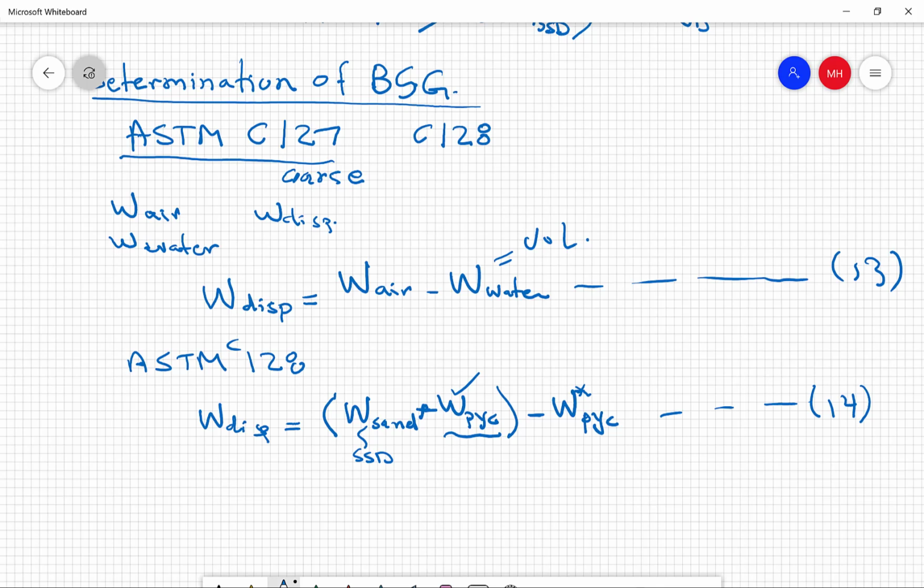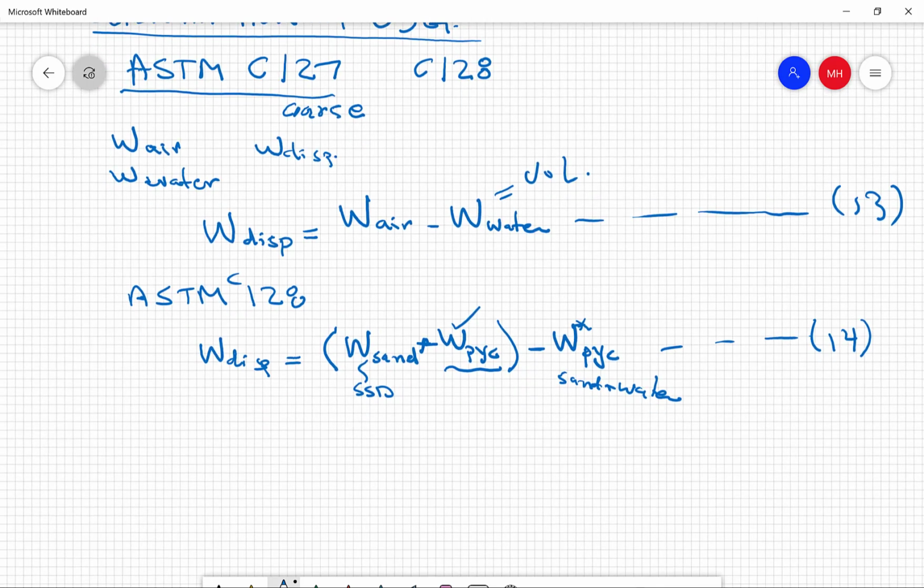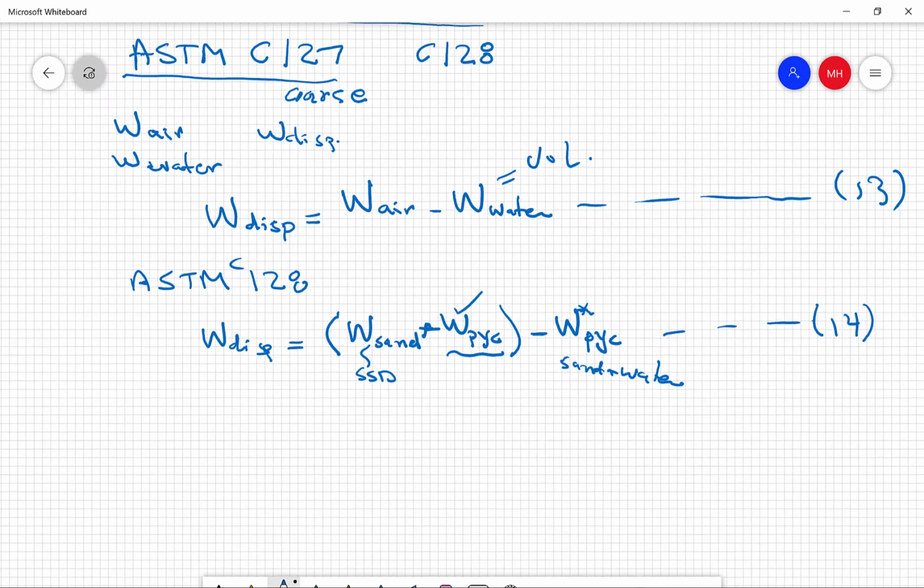And this value, W star sub pycnometer, or the weight of the pycnometer star, is the weight of the pycnometer containing both sand and water. Sand plus water. So the above equation can be reduced to the following equation.